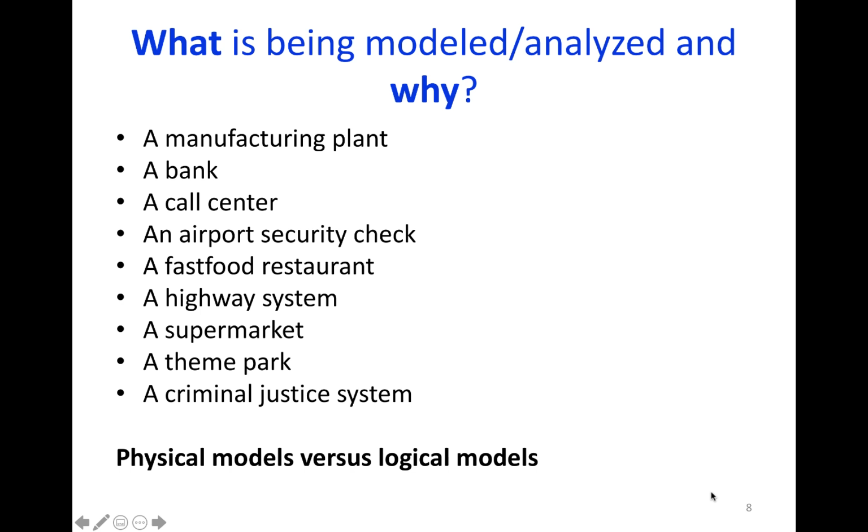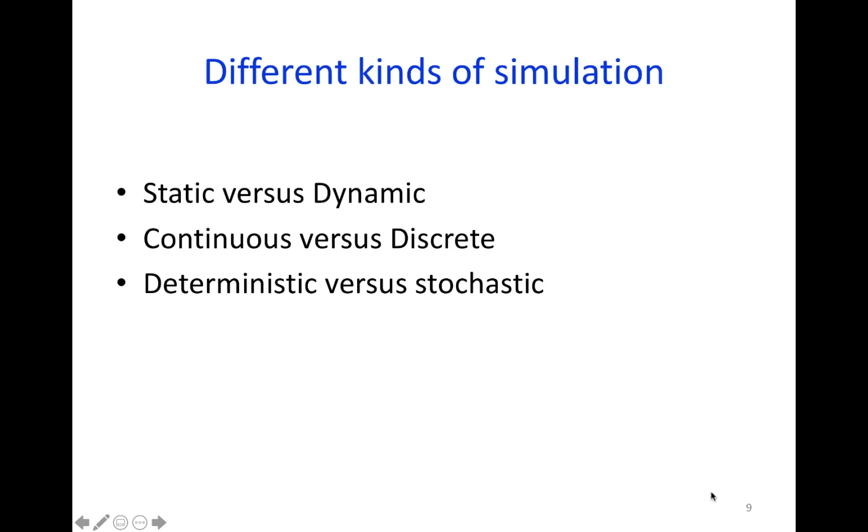For example, how many checkout lines we need at a supermarket such that our customers don't wait too long, but at the same time we don't have too many checkout lines that are just idle and empty most of the time. So as I mentioned, simulation has been heavily used in many areas in both service and manufacturing industries. So there's no limit in terms of where you can use simulation for the analysis of a system.